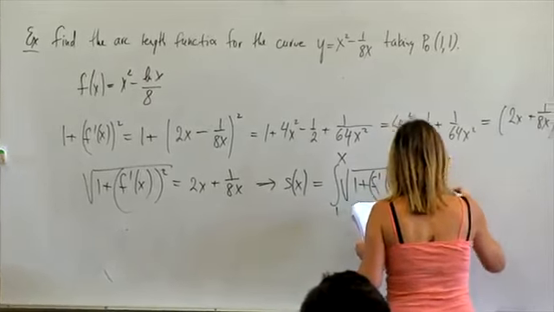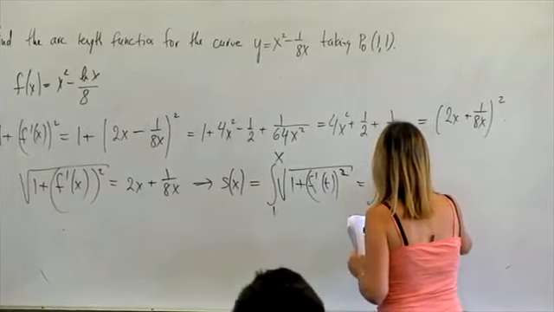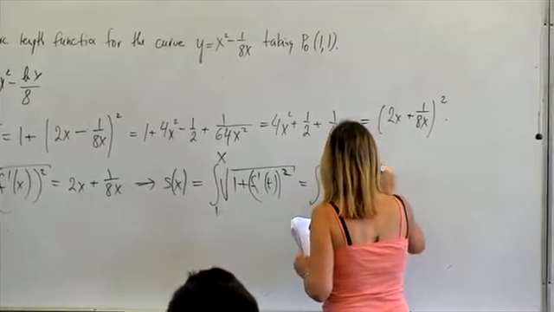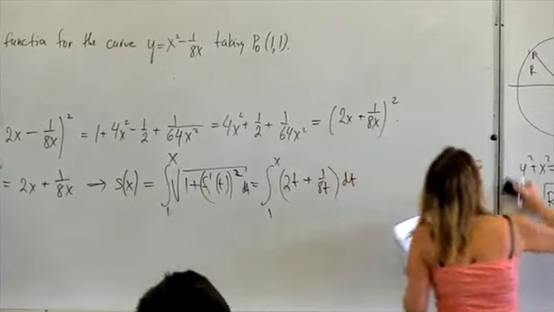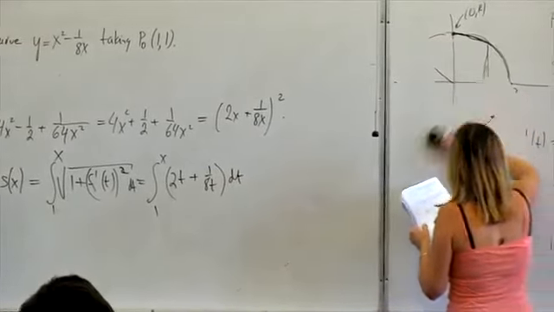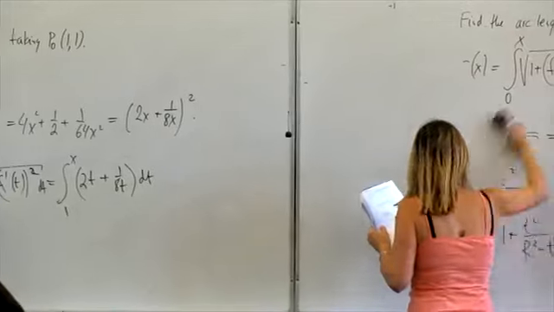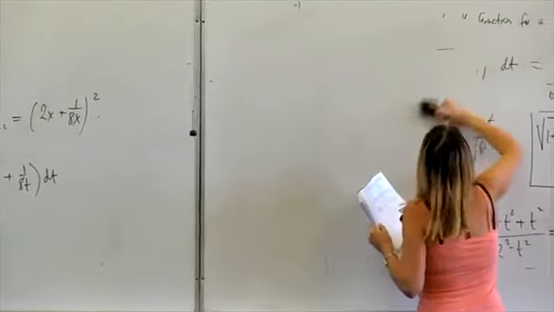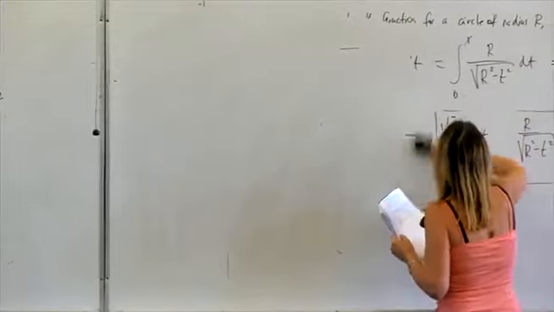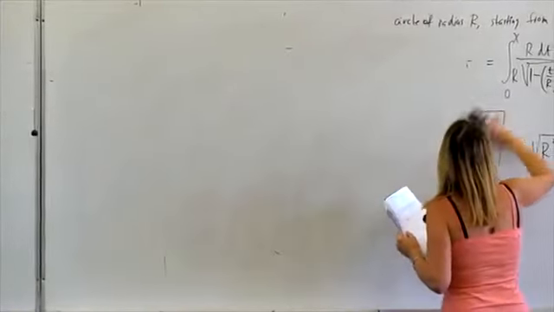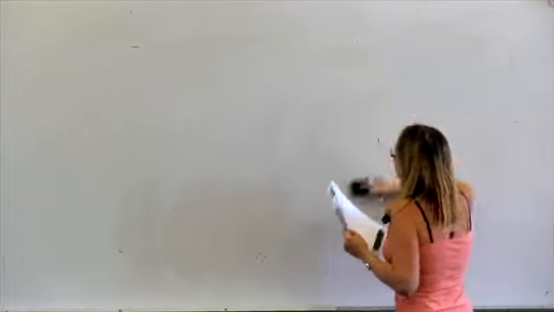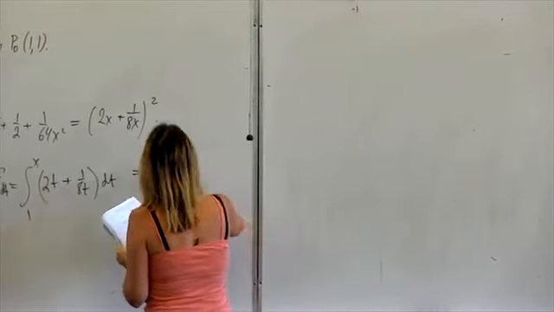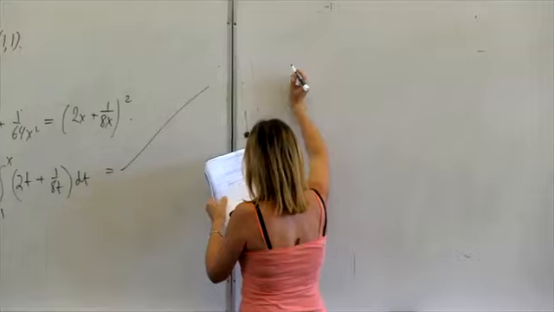So I go from 1 to x, and I use this expression, 2t plus 1 over 8t dt. So we take the antiderivative.